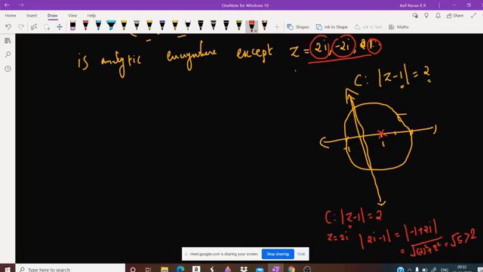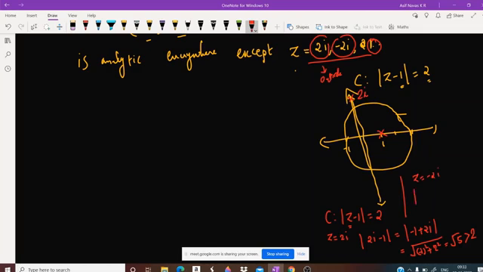Therefore the distance of 2i from 1 is greater than 2, so 2i is outside the circle. And now you check what about minus 2i. Z equal to minus 2i.